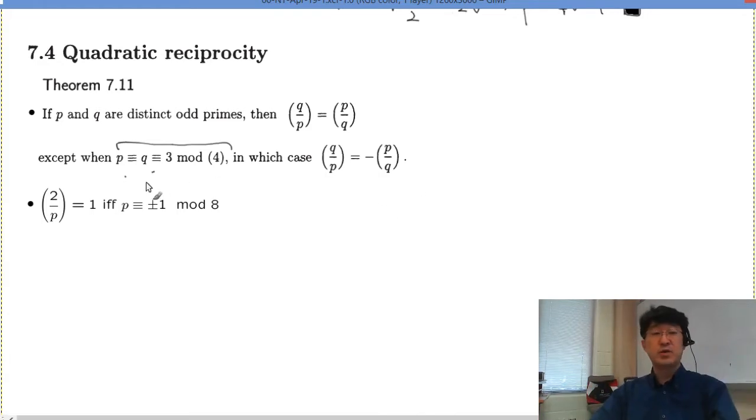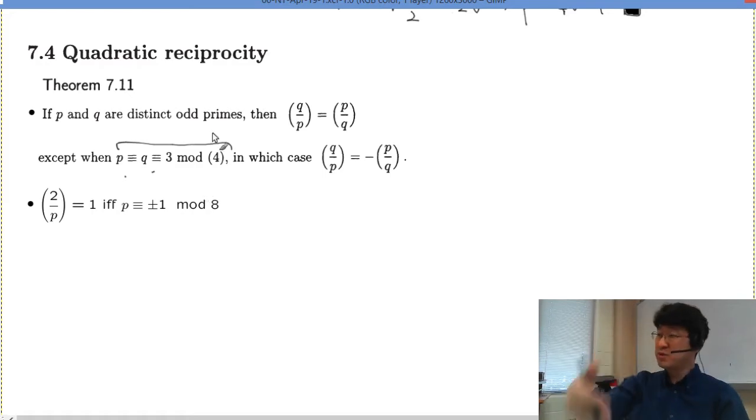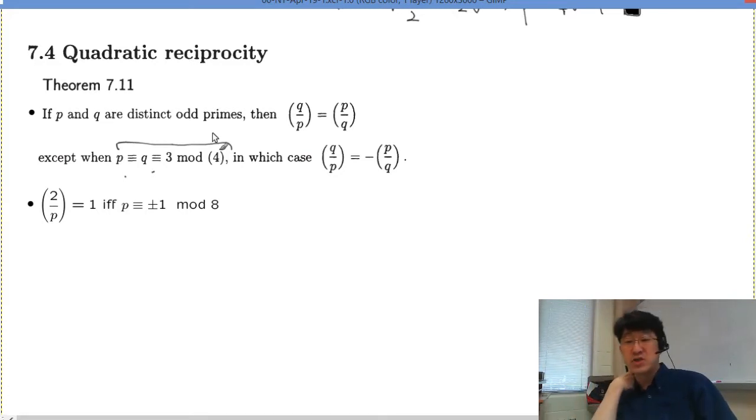If both P and Q are 3 mod 4, as you take the reciprocal, the quadratic residue property changes. That is fantastic. Gauss himself gave like 9 different proofs of this one. He was fascinated by this, and modern mathematicians are fascinated by this phenomenon. Make a whole book out of it.